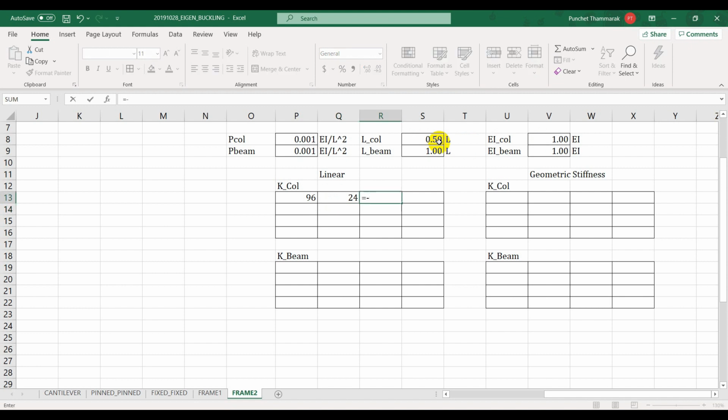This is equals to minus 12, equals to 6, minus 12, equals to 6, equals to this one equals to 4 is not there yet, right?